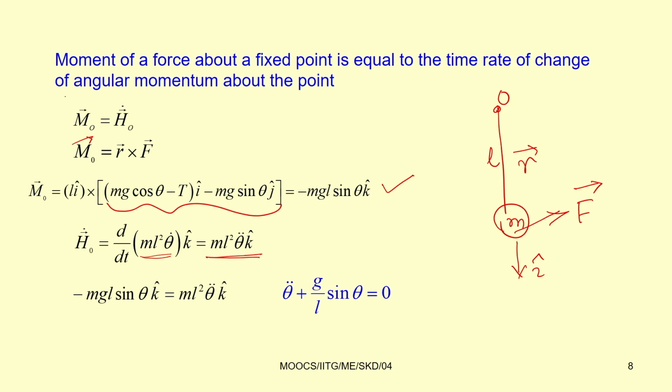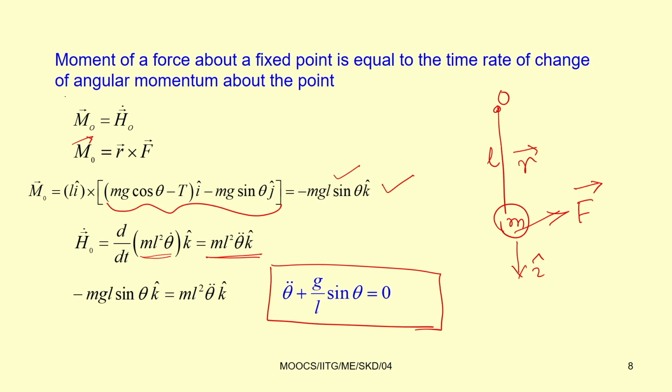Now equating M0 equal to H0 dot, we write minus mgL sin theta k equal to m L square theta double dot k. From this we get the equation theta double dot plus g by L sin theta equal to 0, which we can expand up to the desired order depending on our application.